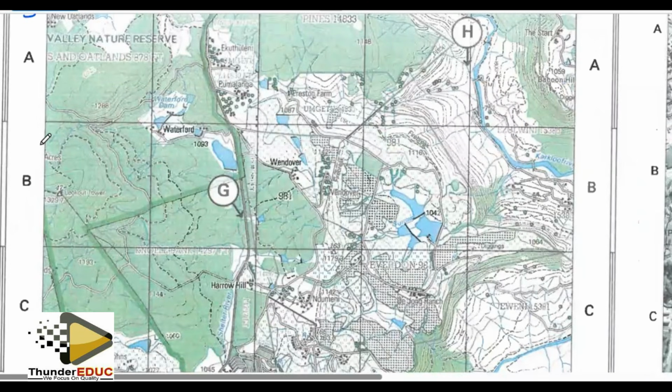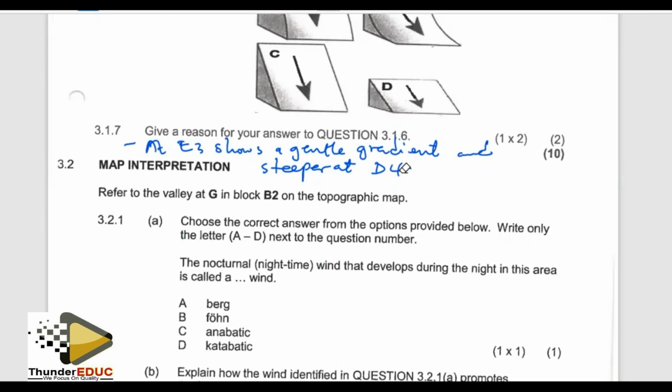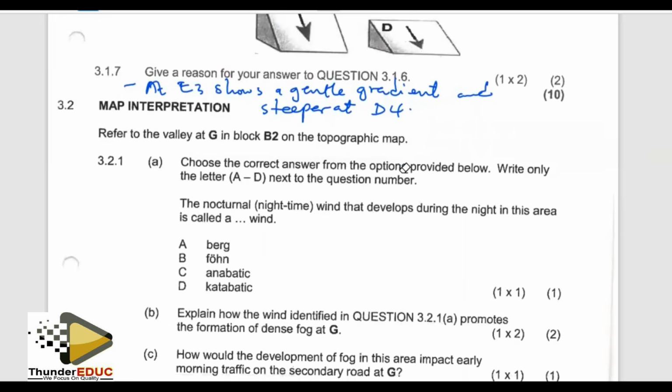The valley at G. So this is where we are at G. Choose the correct answer from those given below. Write only the letter to the number. The nocturnal or nighttime wind that develops during the night in this area is called katabatic winds, because we know that katabatic winds develop in the valley at night.